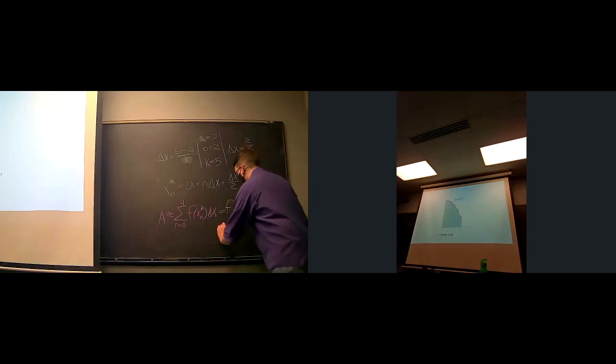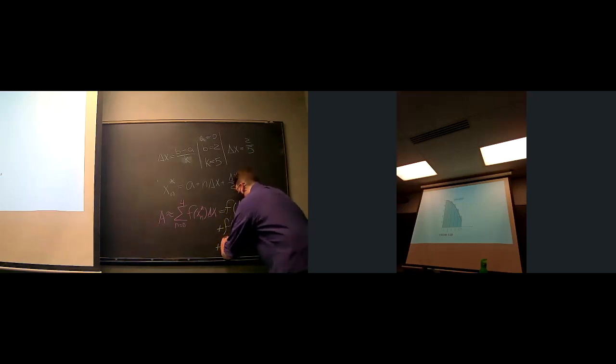Now we're going to move to the next rectangle, f of 5/5 times delta x plus f of 7/5 delta x plus f of 9/5 times delta x.